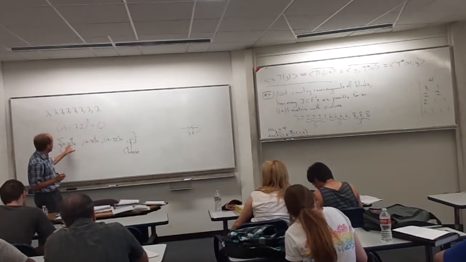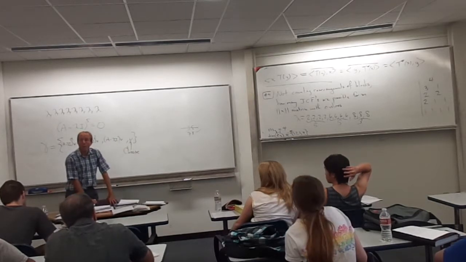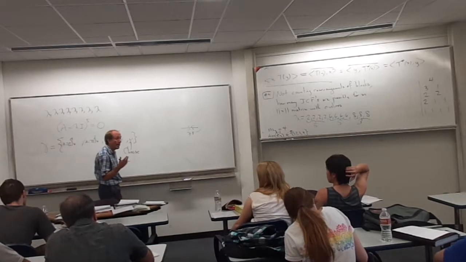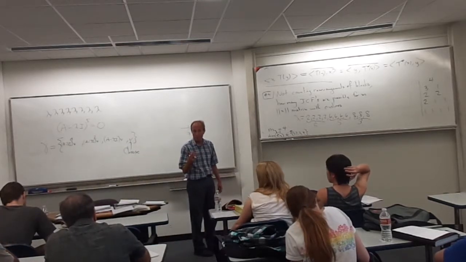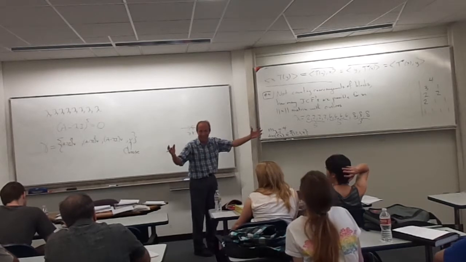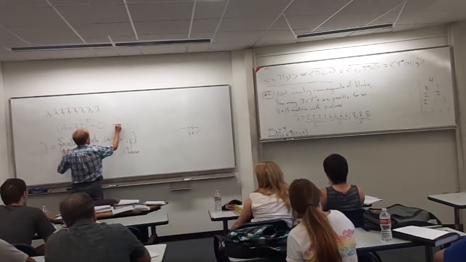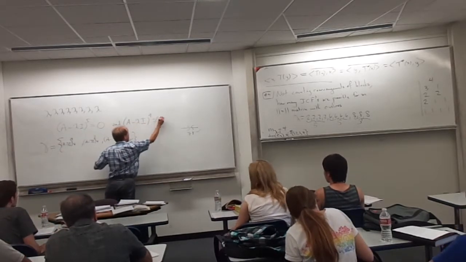So that's a cycle of 1, 2, 3, 4, 5, length 5. So you would therefore have to have a 5 by 5 block, because you have a cycle of length 5. Let me just add, (A minus lambda I) to the 4th is not 0.